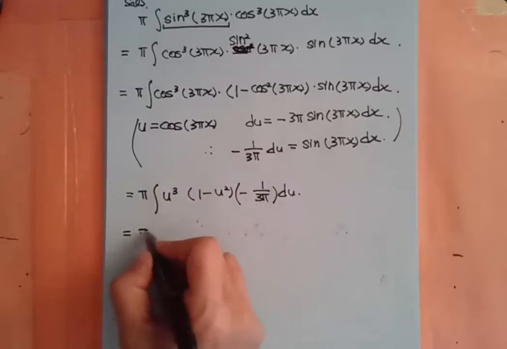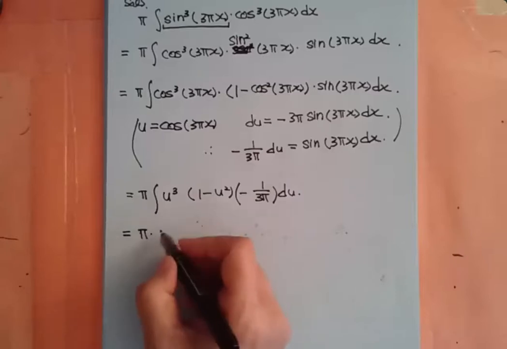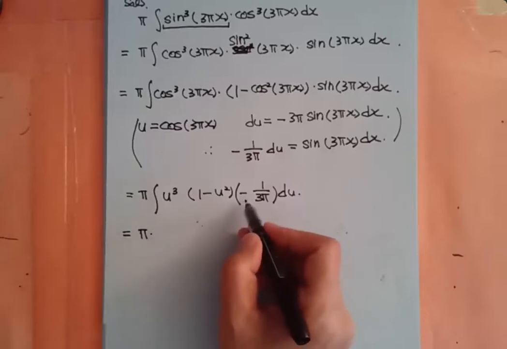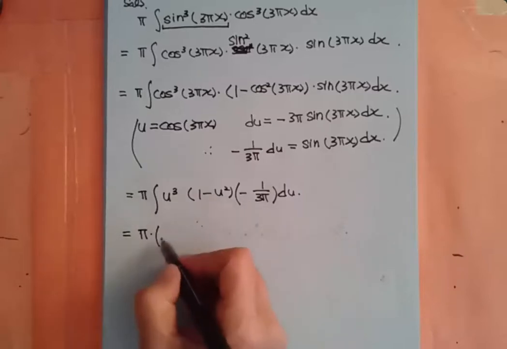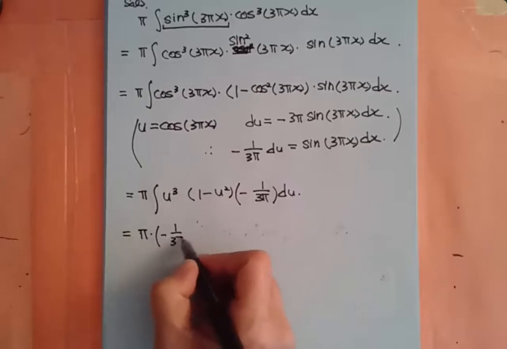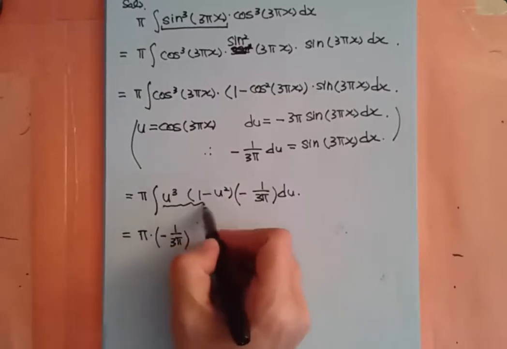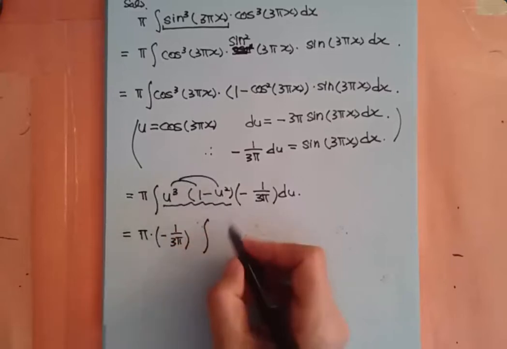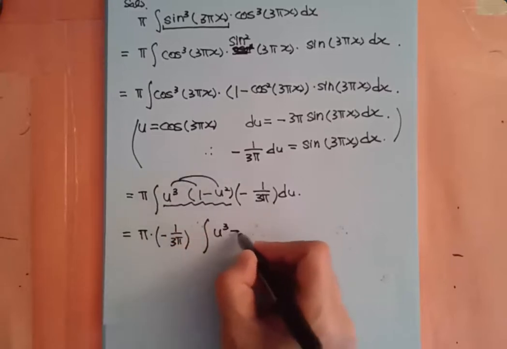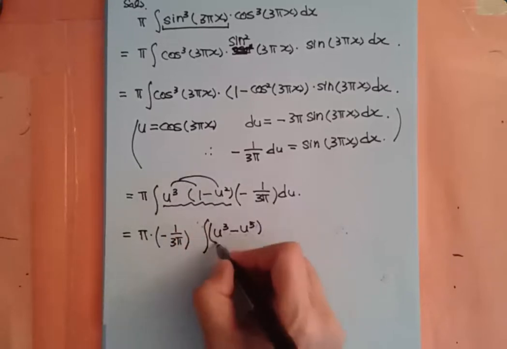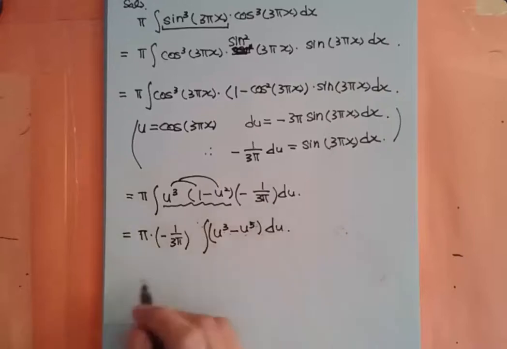Let's just write all things clearly. So we can put this one in front of the integration, and we calculate this part. Then that is u cubed minus u to the 5th power du.